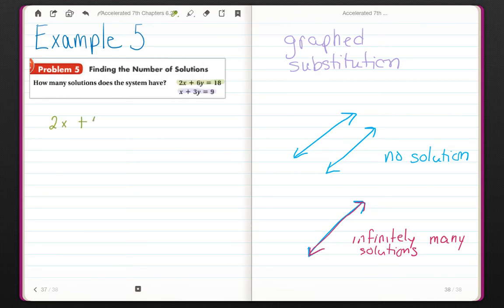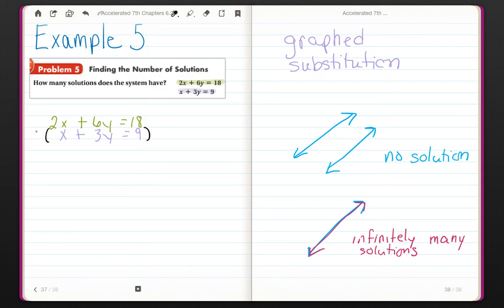Well, neither of these can be eliminated. 2x minus x is x, and 6y minus 3y is 3y, so that isn't going to work. So I'm going to need to multiply one or both of these.